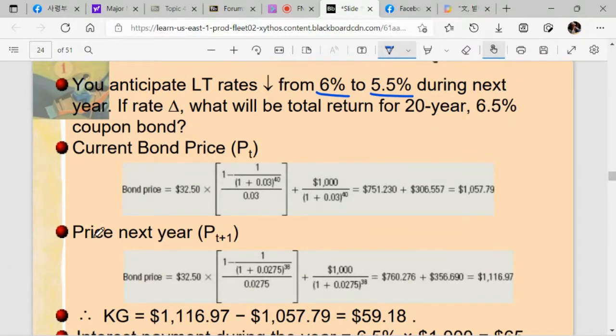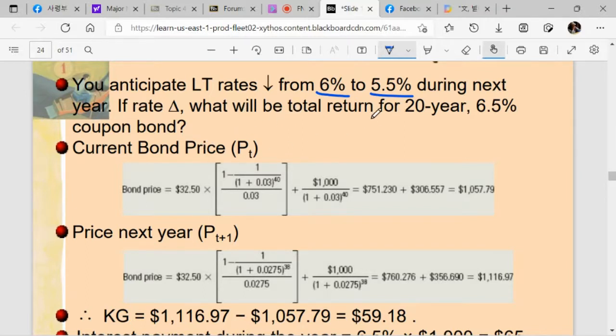So we can tell, and if we can anticipate the rate to go down, long-term rate means what? Not the Fed funds rate or T-bill rate, but the Treasury note, long-term, right? Most of the time, the Treasury note. It will go down by 0.5% during the next year.